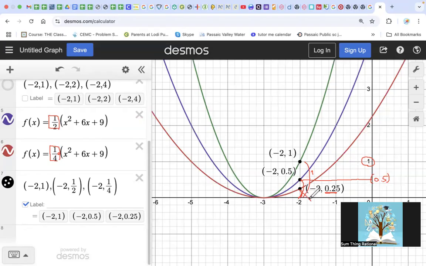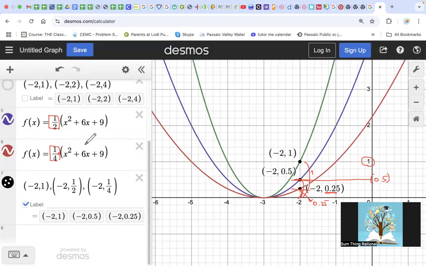It means that the green graph is compressed halfway, and then compressed almost 75 percent, double the halfway.